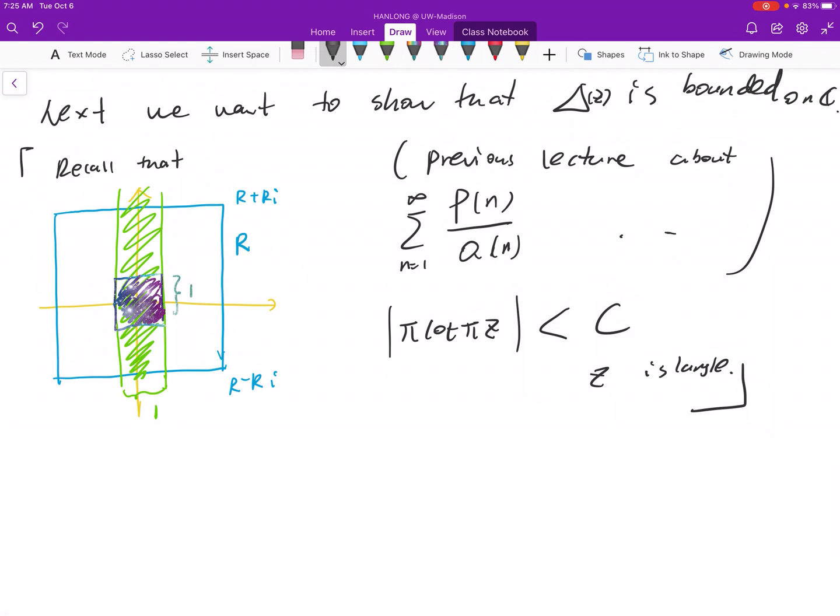Of course, this is a very wiggly way because actually you have poles at the integers.